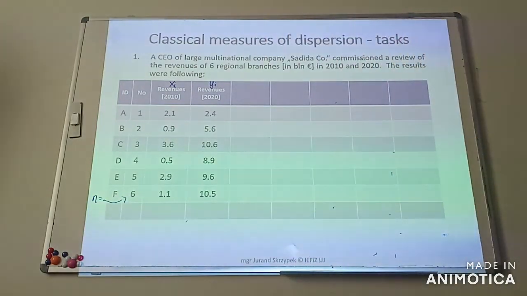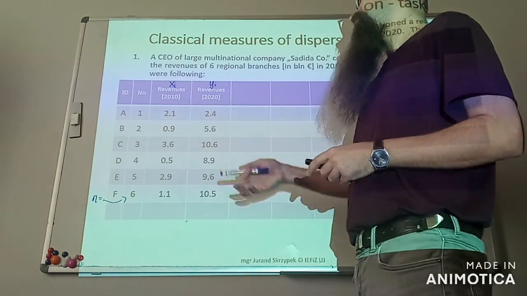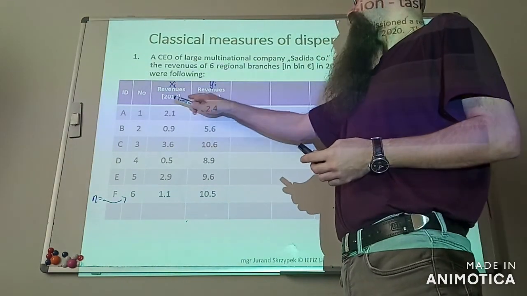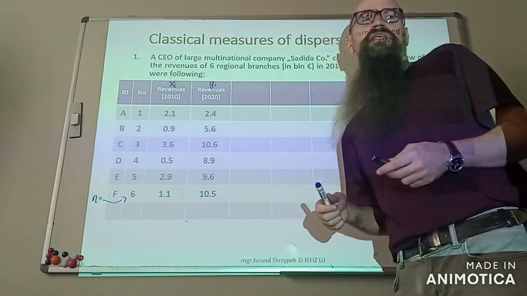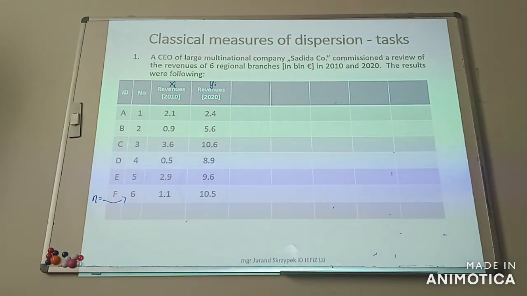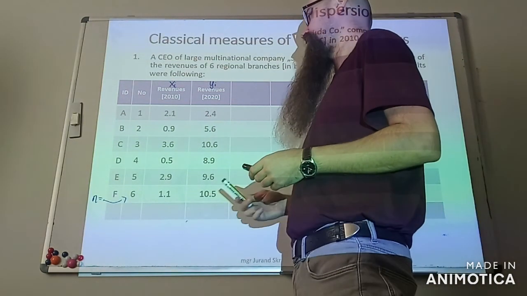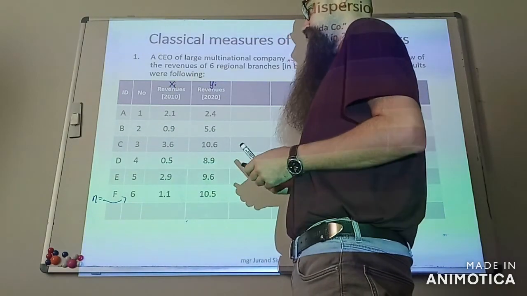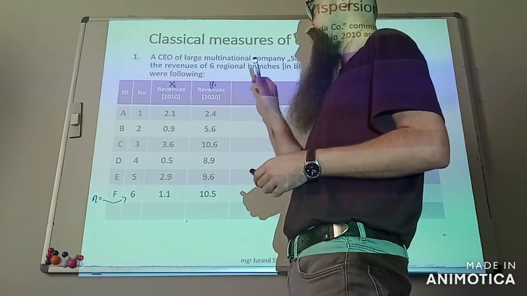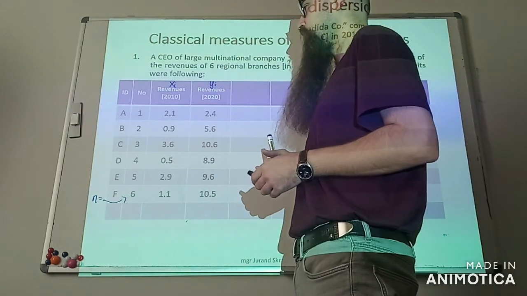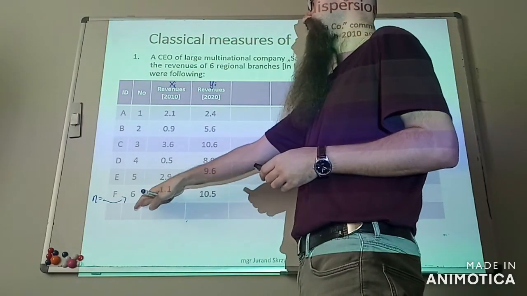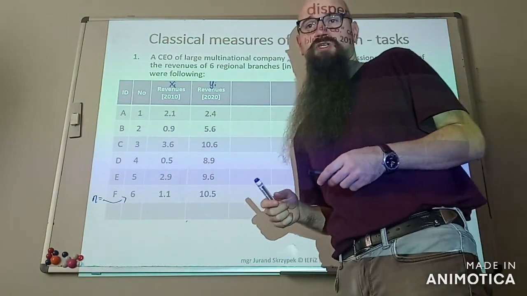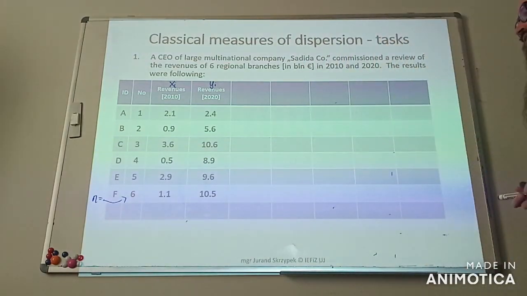As you can see, we have two individual series, or time series, because we have two moments of time and the same objects. So we can talk here about panel data actually, because we have one attribute, different objects, and two moments of time.